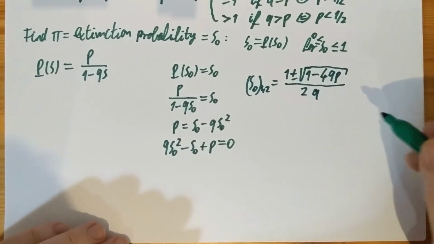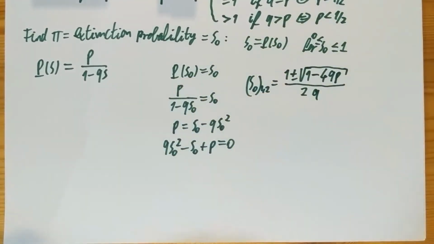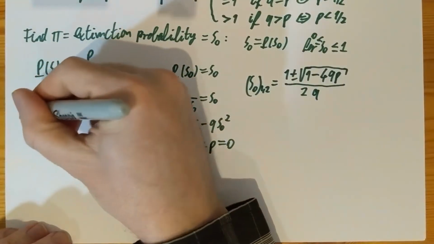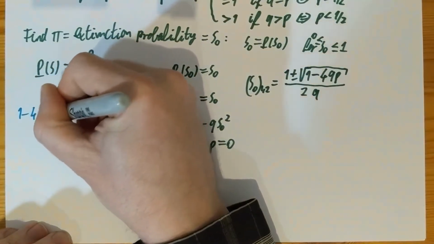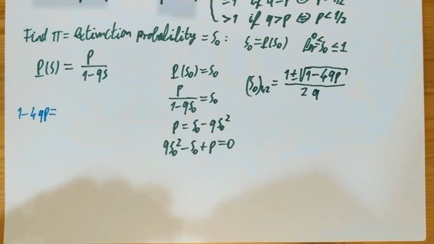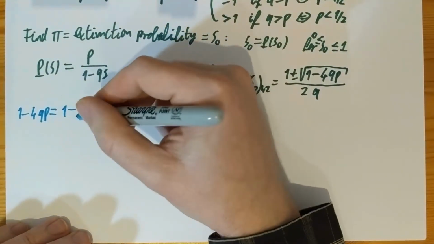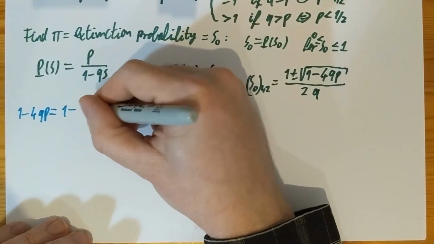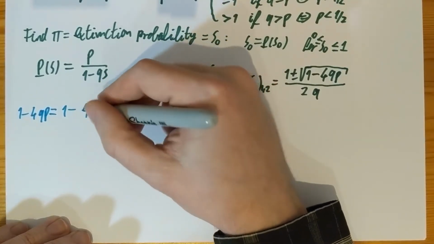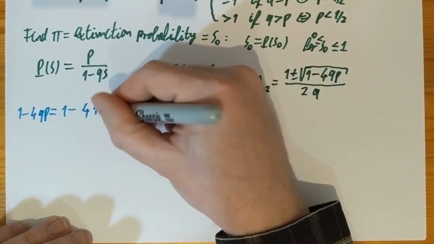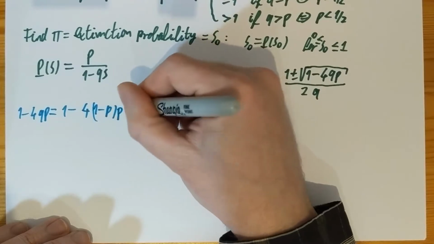And to bring them into a nicer form, you can actually notice that 1 minus 4qp is nice. When you have these numbers q and p adding up to 1, then sometimes they can give you surprises. So let's use p, and let's use 1 minus p instead of q.